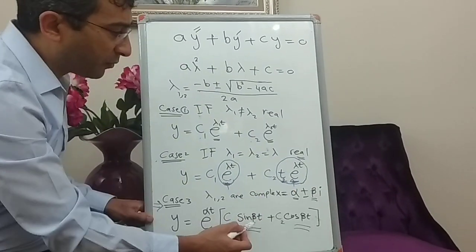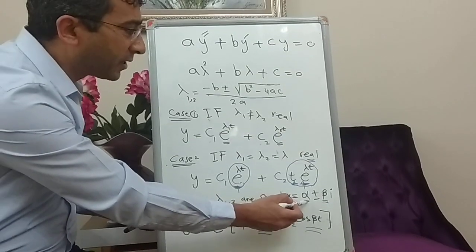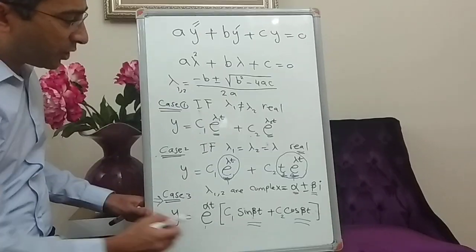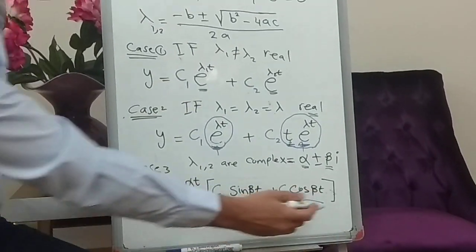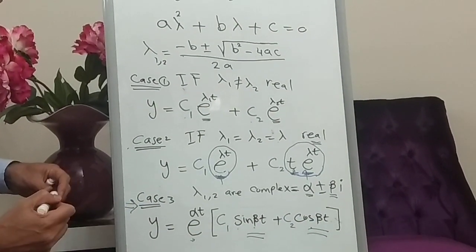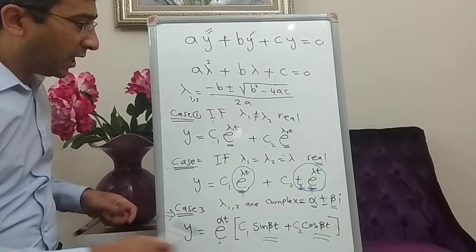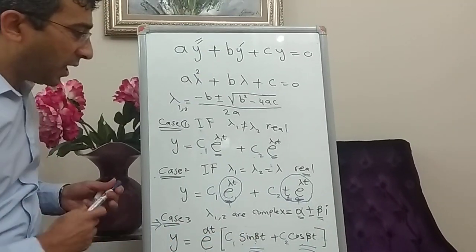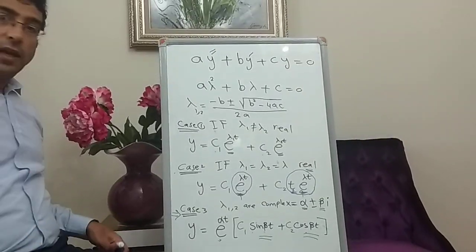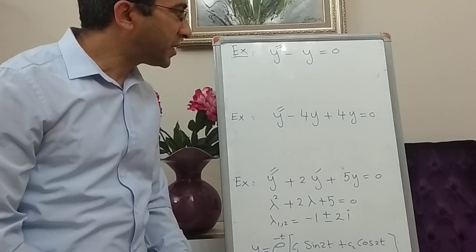So you use beta for the sine and cosine functions, and the real part gives the exponential function. These sine and cosine functions are multiplied by an exponential function e to the power of alpha t, and of course there are two constants here. Okay, we will get some examples about that.